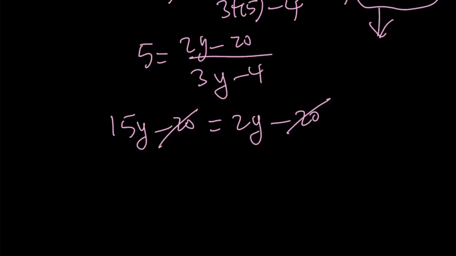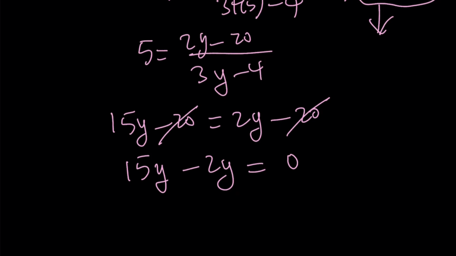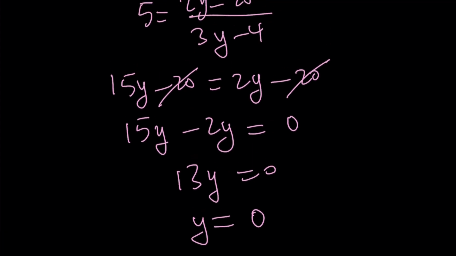The reason is, if you do that, you're basically dividing both sides by y, but y is equal to 0. Why? Bring the 2y over, and you get the following: 15y minus 2y equals 0. And this just means that 13y equals 0, which means y is equal to 0. So you couldn't divide both sides by y. That's how they prove some stuff that is not actually true.